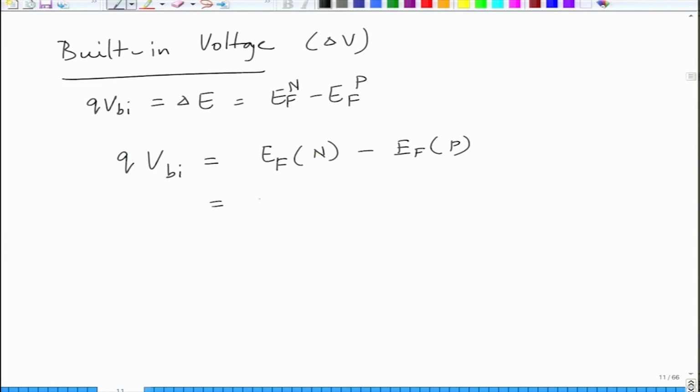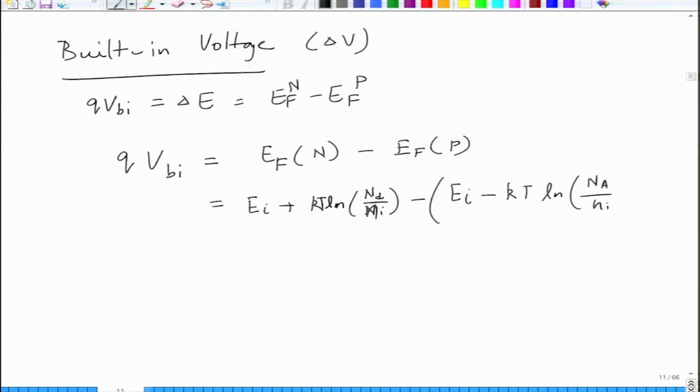You can write the value for EFN: EFN is equal to Ei plus kT ln Nd over ni, and EFP is Ei minus kT ln Na over ni.